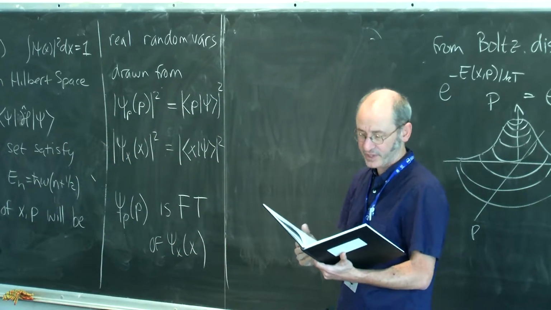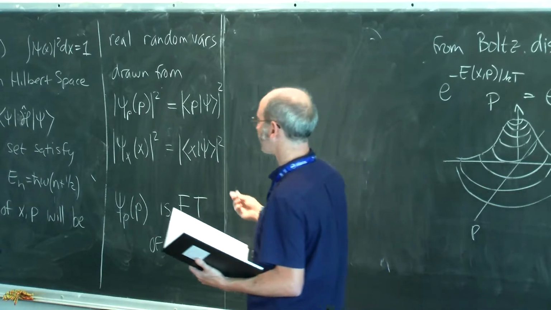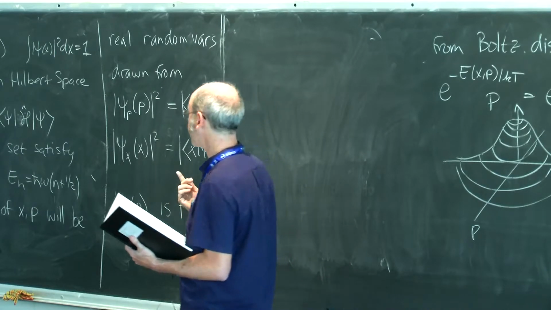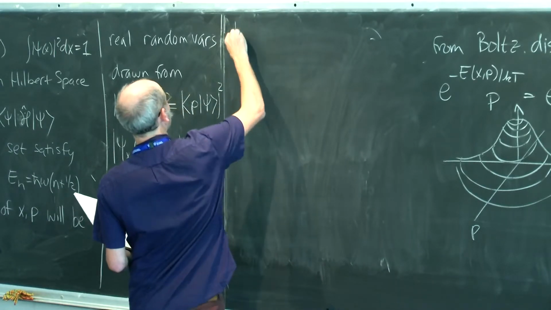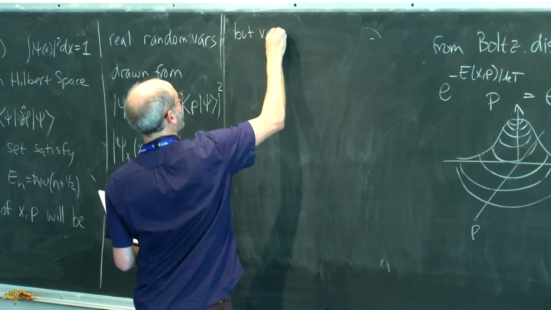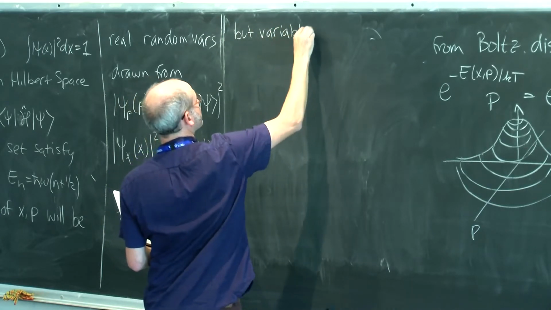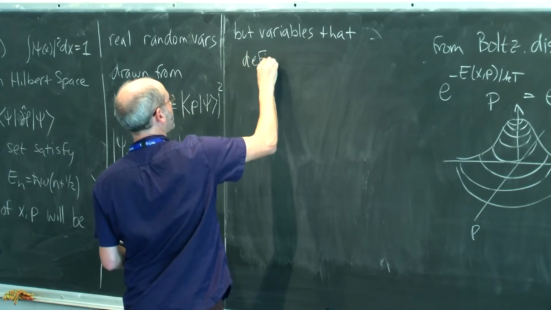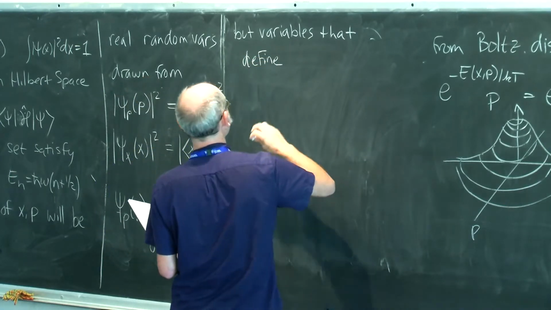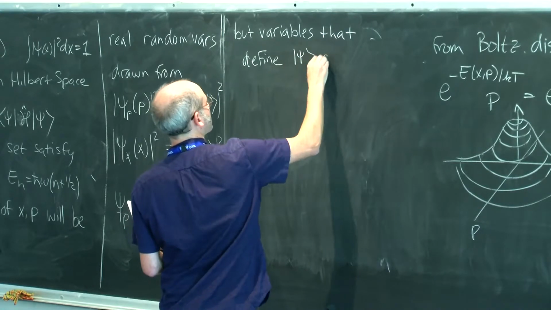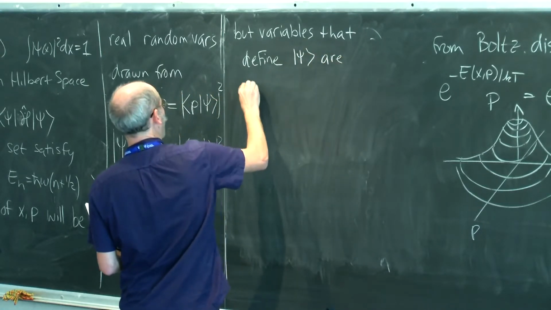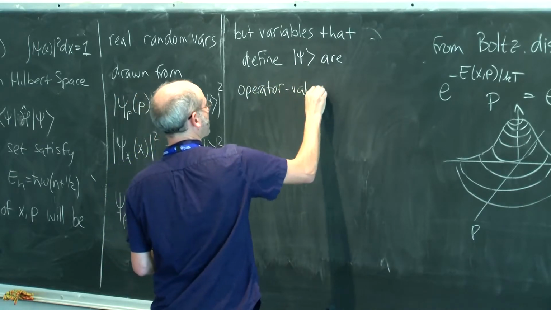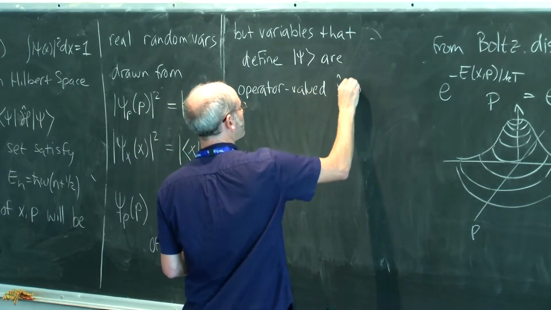But it's important to note that the physical state isn't specified by the outcome of measurements. So the physical state, the variables that define the state of the system, aren't real numbers, and they aren't specifically the outcomes of measurements. They're operator valued quantities, x hat and p hat.